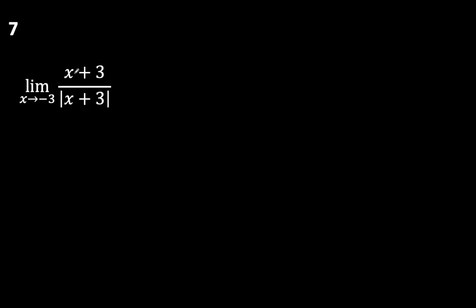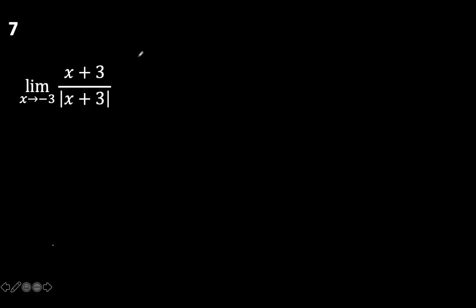Okay, how about number 7? To find the limit of (x plus 3) all over the absolute value of (x plus 3) as x approaches negative 3, again we need to identify the subfunctions. So let's identify the subfunctions.